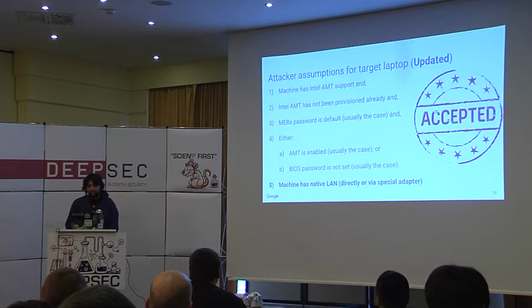What I found is, generally speaking, most business laptops either have built-in LAN or have what this X1 has, which is a special adapter presented as built-in LAN to the system. So this seems like an acceptable assumption to me still, because business laptops still have this.